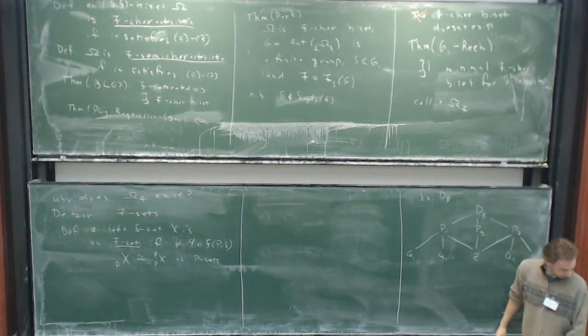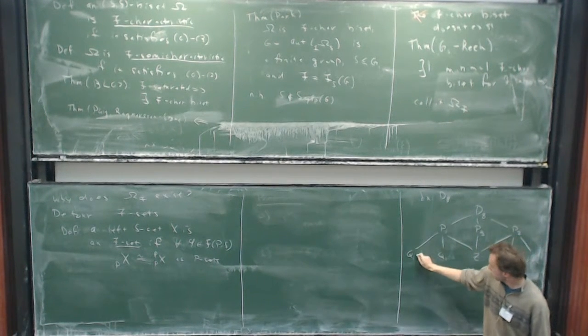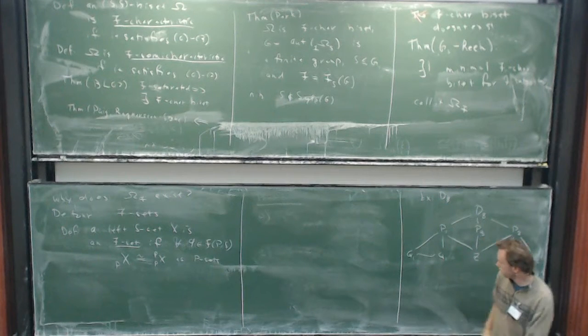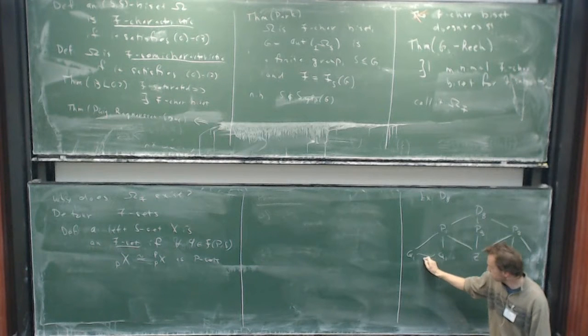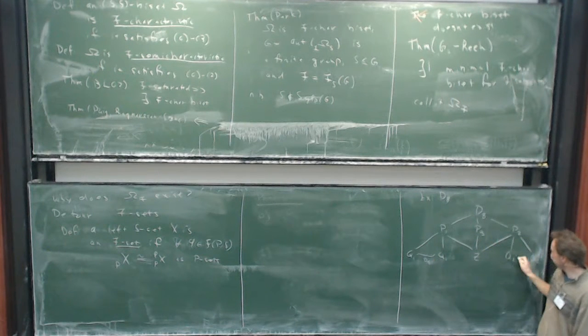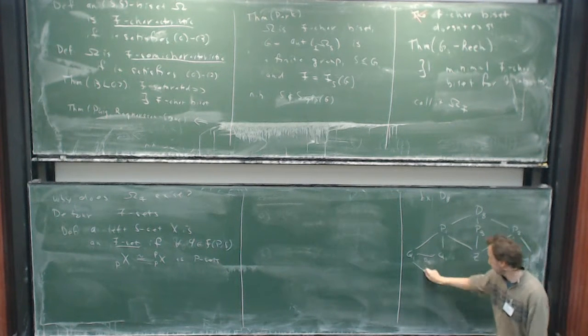And you might notice that I have a strange naming convention. The idea is that the two subgroups of order 2 that are both called Q1 are conjugate to each other in D8. The two subgroups of order 2 that I'm calling Q2 are also conjugate to each other in D8. The one down here.